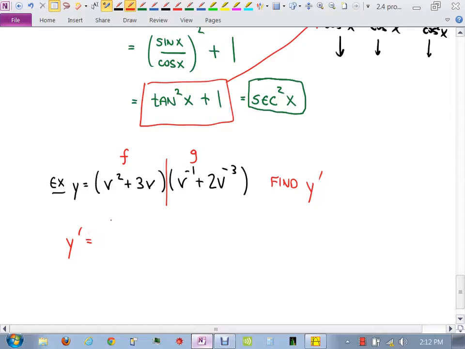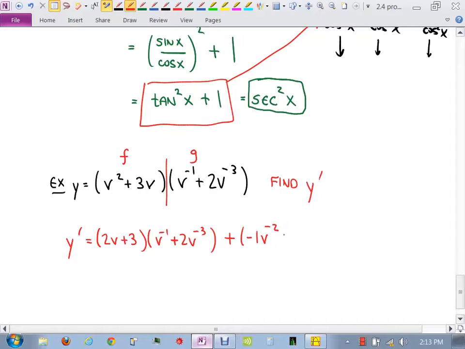So what's f prime? 2v plus 3 times v to negative 1 plus 2v to the negative 3, right? Plus, what's g prime? Negative 1v to the negative 2.